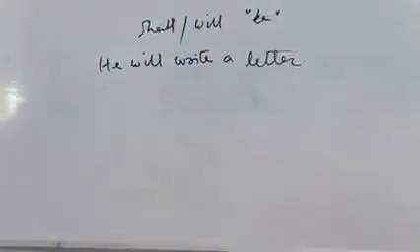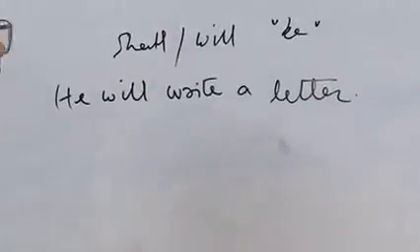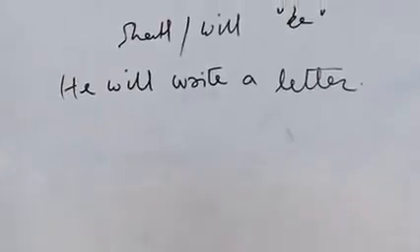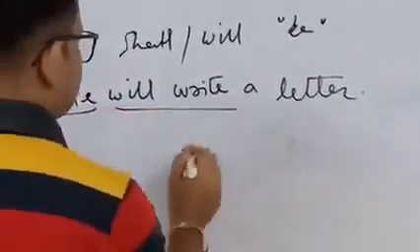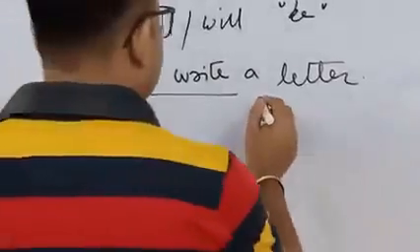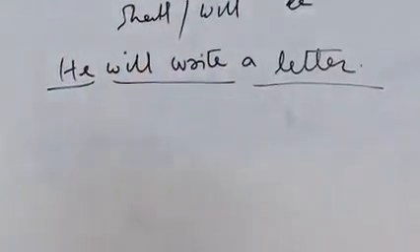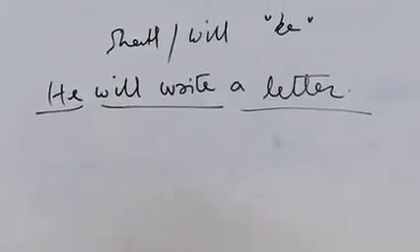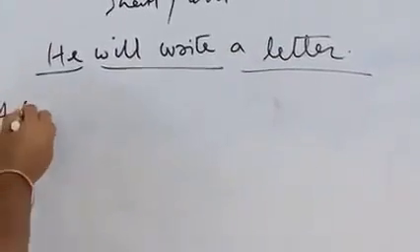He will write a letter. So this is an example of future indefinite tense. So in this particular sentence, he is the subject, will write together is future indefinite, and a letter is object in this sentence. And now you have to make this particular object into subject, a letter.